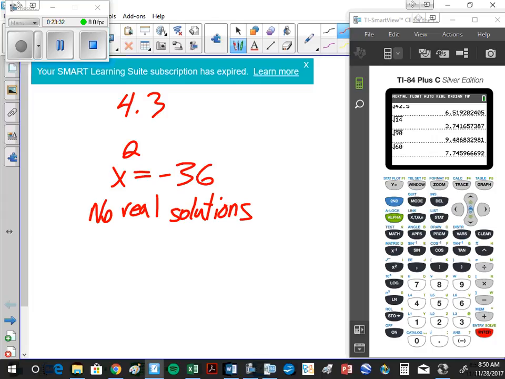So I want to do 4.3, 3 through 30, all, but I don't want to do... hang on a second, let me check this one. Okay, we're good there.